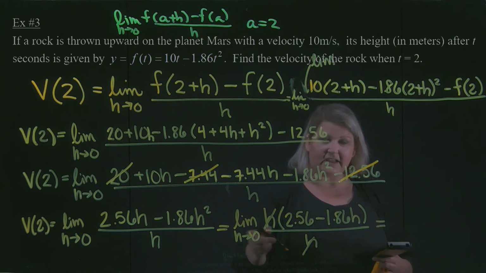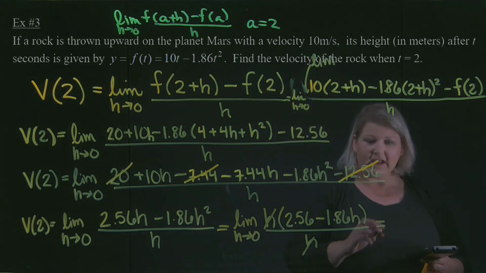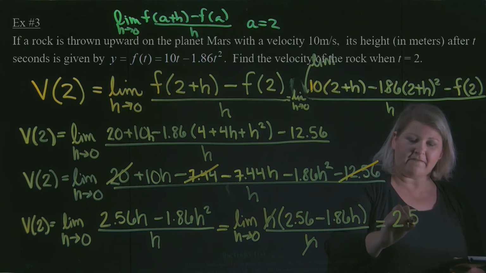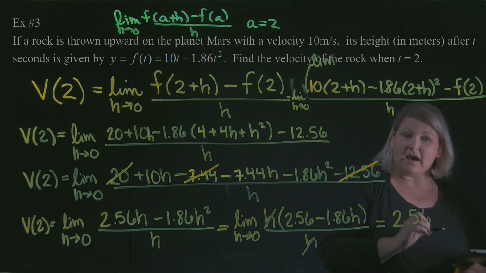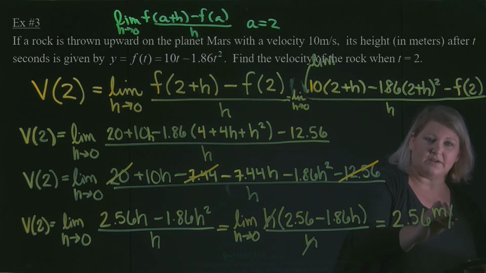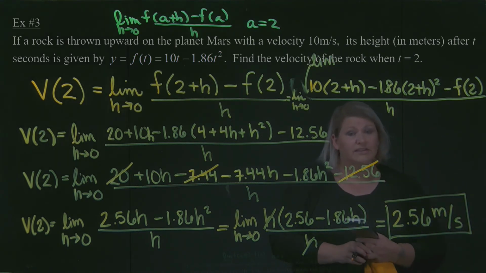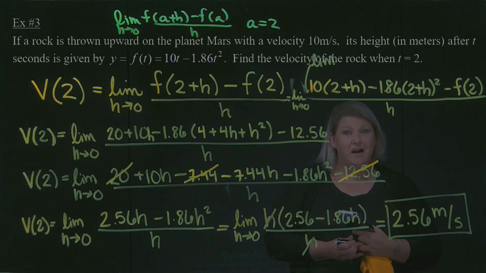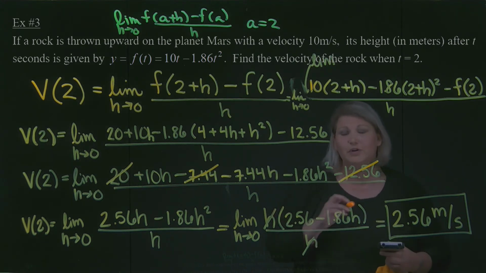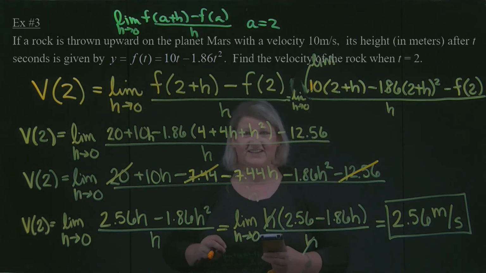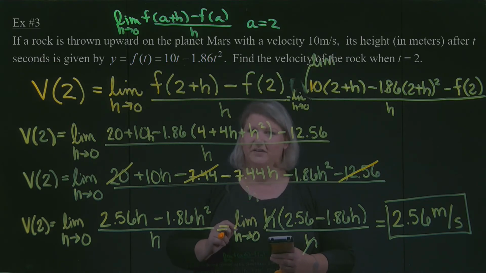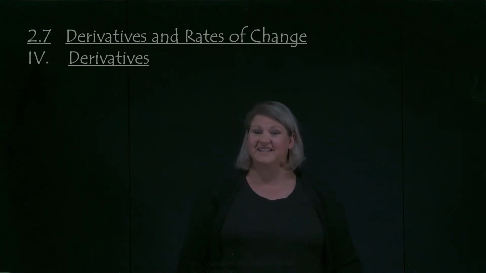And then I can plug in h equals 0, and I end up with 2.56 meters per second velocity. So 2 seconds after I throw rocks on Mars, my rock is going 2.56 meters per second at that instant of t equals 2. On to the next section.